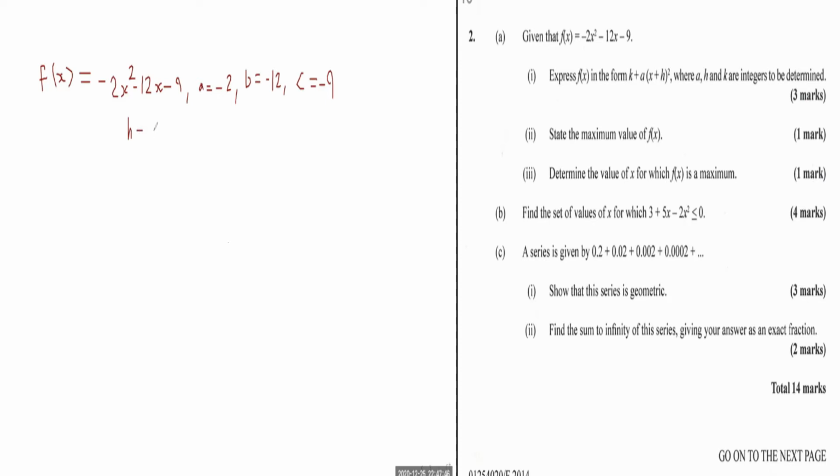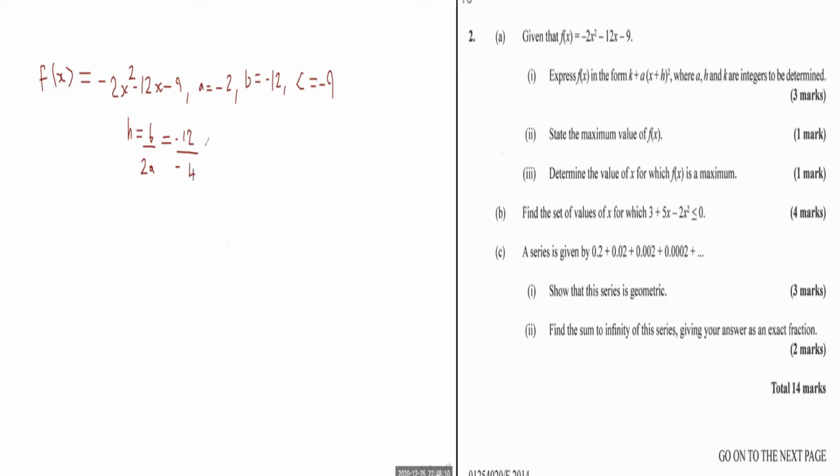Now h is equal to negative b divided by 2 times a. b in this case is negative 12. Negative 12 is being divided by 2 times a. 2 times negative 2 is negative 4.